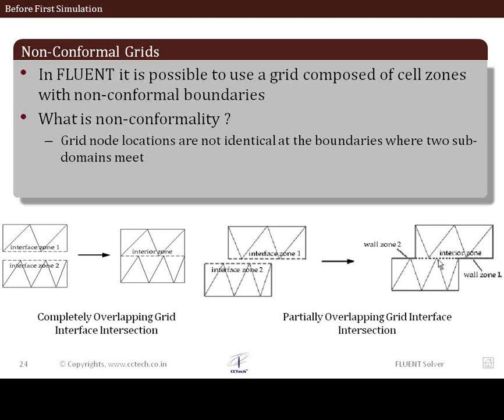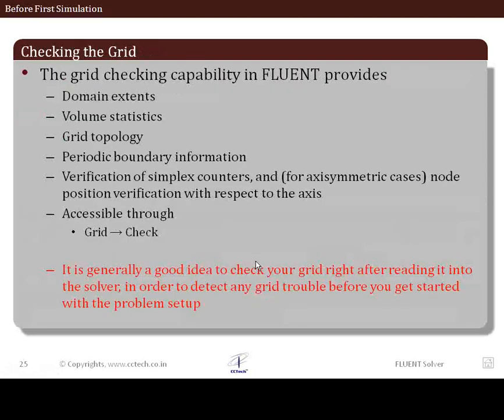Usually there are some averaging errors which come into the picture, because of which some industrial practices prohibit the use of non-conformal interfaces. They try to maintain perfect conformality as much as possible so that the flow can enter without any averaging at the interface. One of the important things that we perform after we import a mesh is to check the mesh.